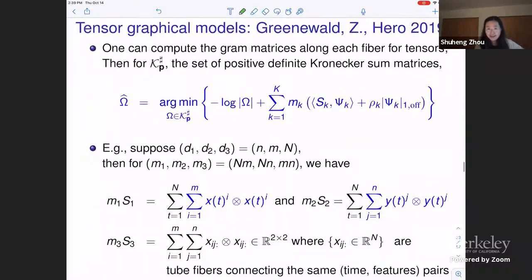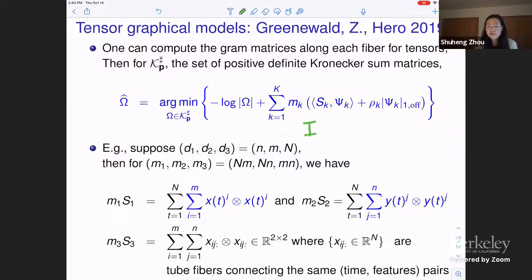And then six years later, with my former PhD student Christian Greenwald and the collaborator Al Hero, we published another journal paper dealing with the same objective function, but now we allow the number of factors to be more than 2. Namely, we deal with a class of Kronecker sum matrices that you can write out as follows.